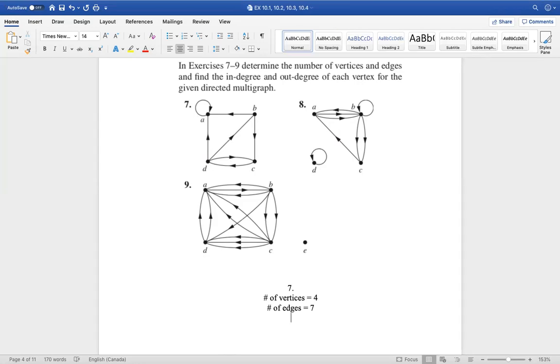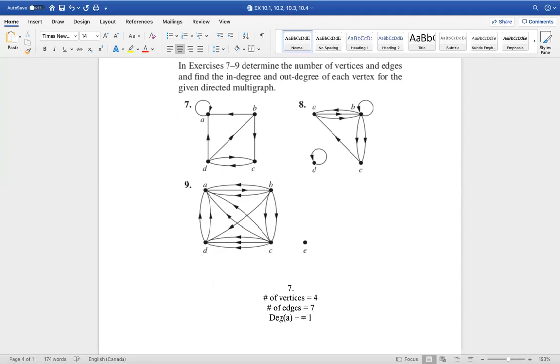Okay. Now let's say the degree of A. We have to count the degree of A. And this plus sign here indicates the outgoing degree, the outward direction arrow away from it, right? So degree of A is 1. So this is the outgoing.